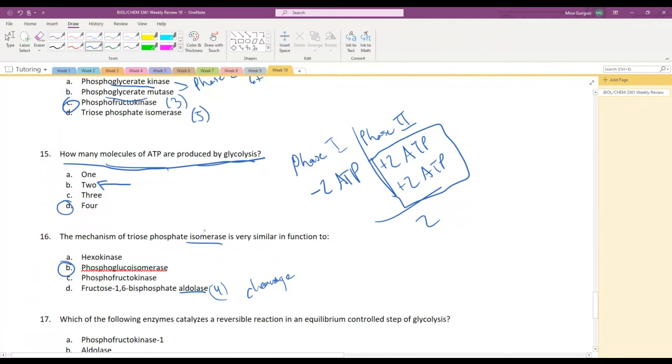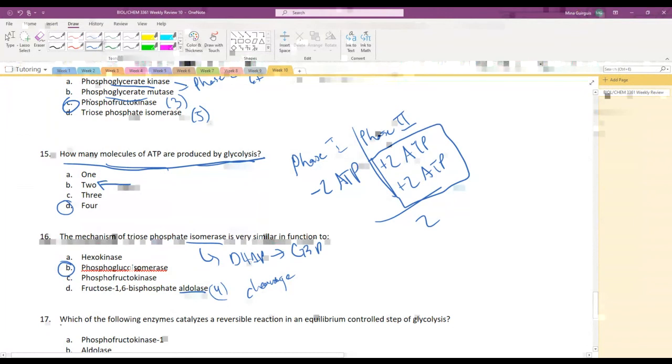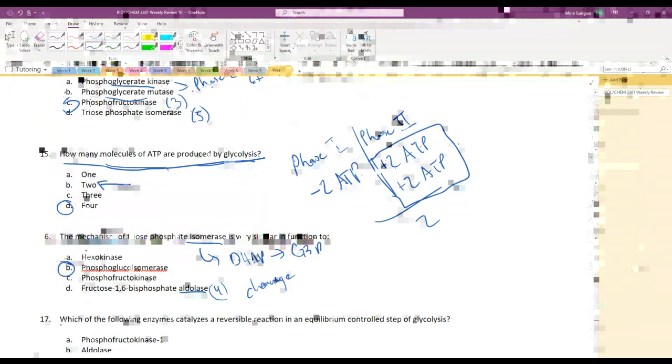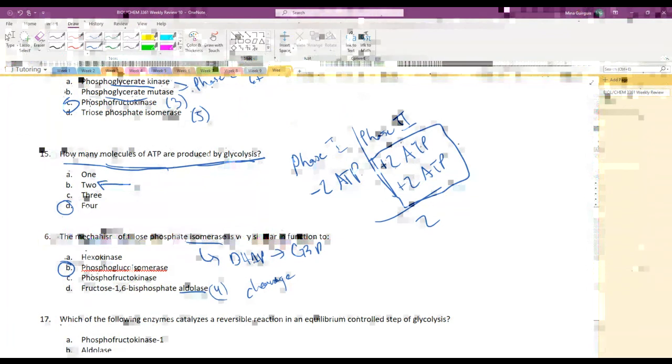Okay? This converts DHAP to G3P. So we definitely can't have cleavage happening here. Phosphofructokinase just adds a phosphate group. Phosphoglucoisomerase changes something. Triose phosphate isomerase changes something. They're both isomerases. Okay.